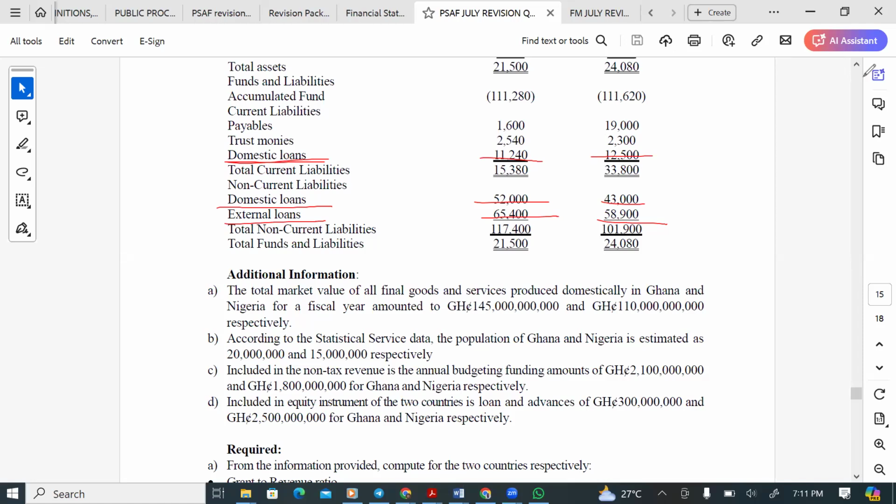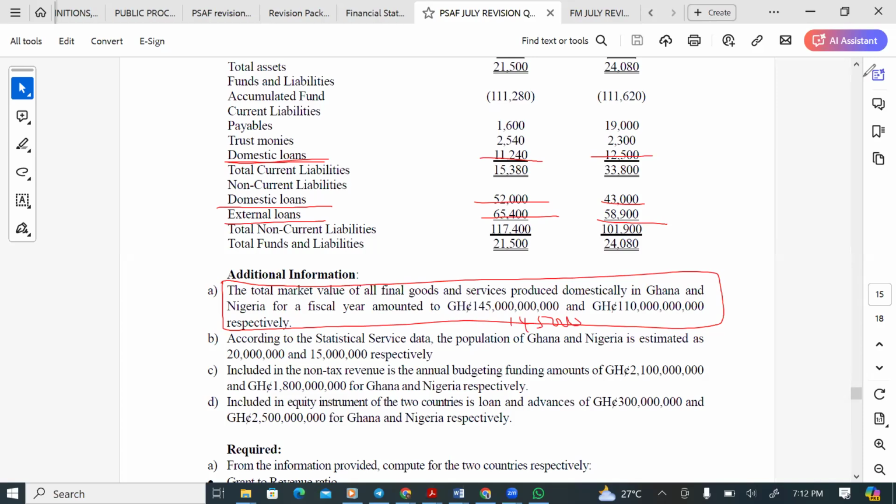Okay. What is the gross domestic product? The figures over here. The first one is the gross domestic product. So they say the gross debt to the GDP. So we have the debt divided by the GDP, and the GDP for Ghana will be 145,000 because we are keeping 6 zeros at the top.